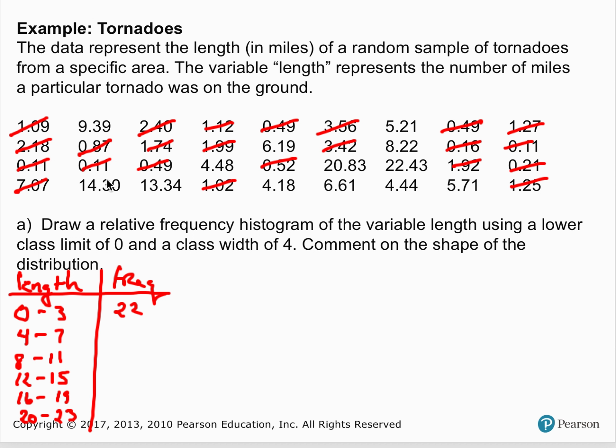Okay, 1, 2, 3, 4, 5, 6, 7, 8. 8 to 11. 1, 2. 12 to 15. 1, 2. 16 to 19. And then 2 left.